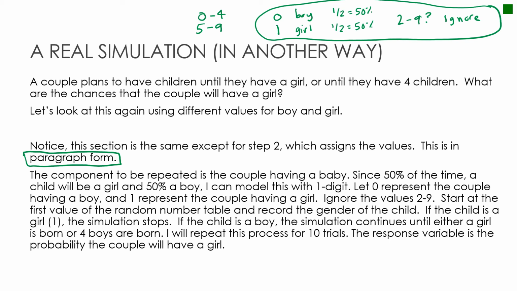Start at the first value of the random number table and record the gender of the child. If the child is a girl, the simulation stops, so I put 1 next to it just to remember that that's what means girl, but you don't need to. If the child is a boy, the simulation continues until either a girl is born or 4 boys are born. I will repeat this process for 10 trials. The response variable is the probability the couple will have a girl. So that should look very familiar to the example that we just did, because the only thing I changed is the number assignments.